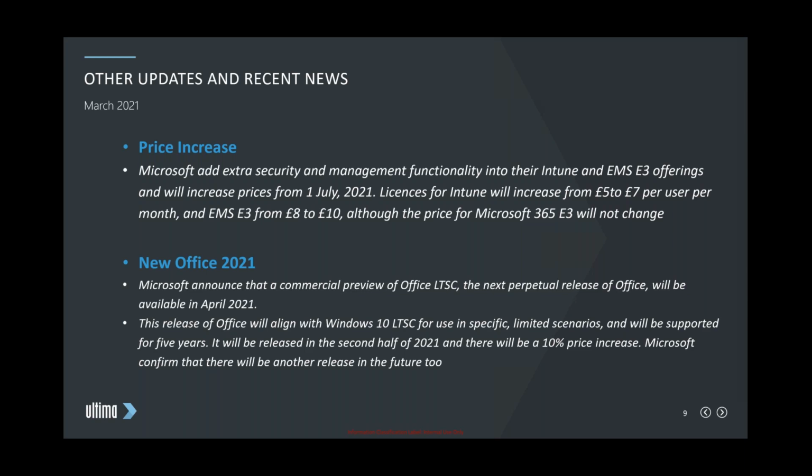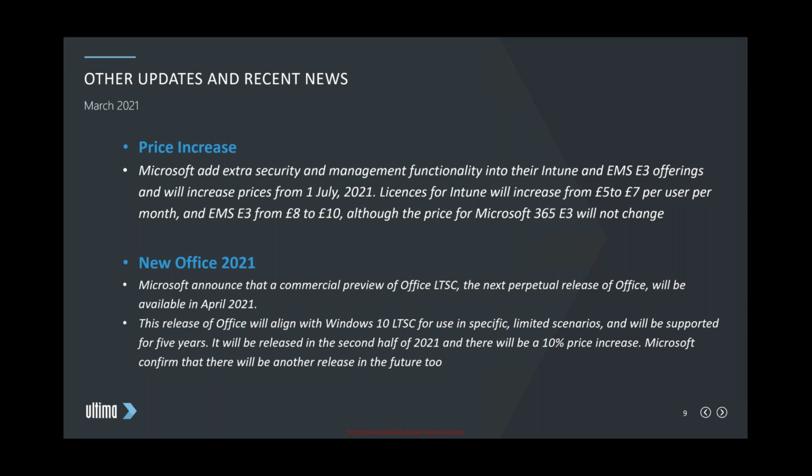Specifically, it is around Microsoft Intune, or their Enterprise Mobility and Security E3 offering. We are looking at a not insignificant price uplift for Intune specifically, from around £5 to £7. So we are looking in the region of a 15 to 20% price increase on that specific product.